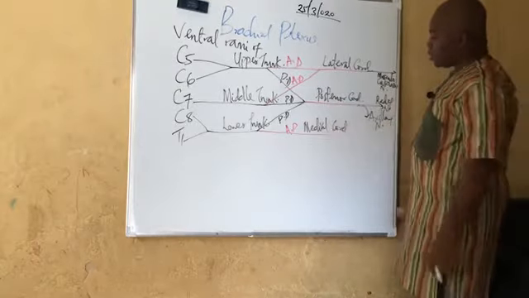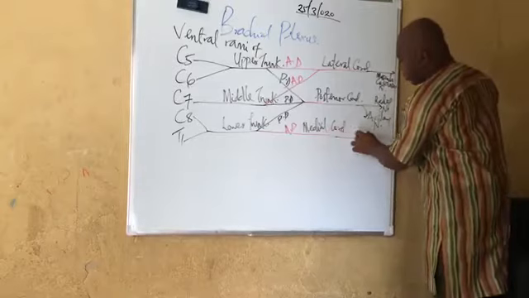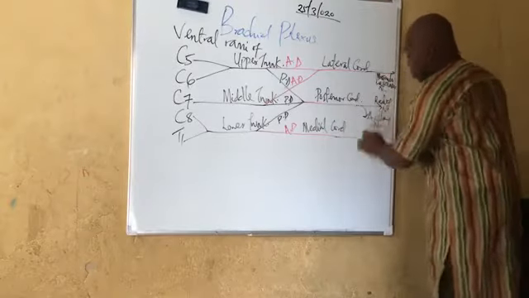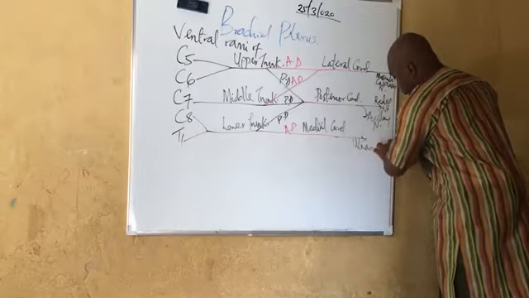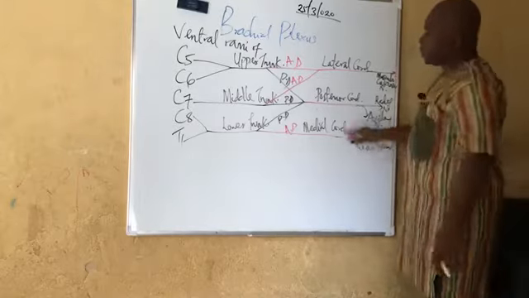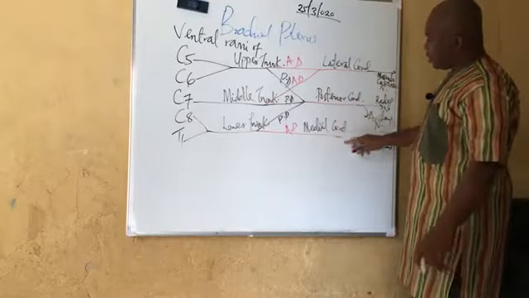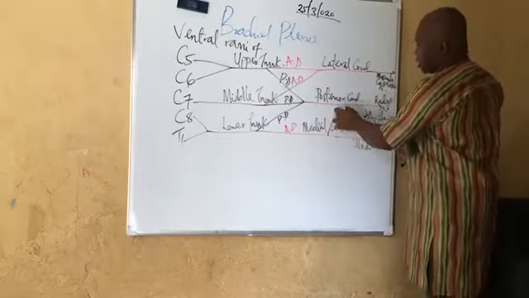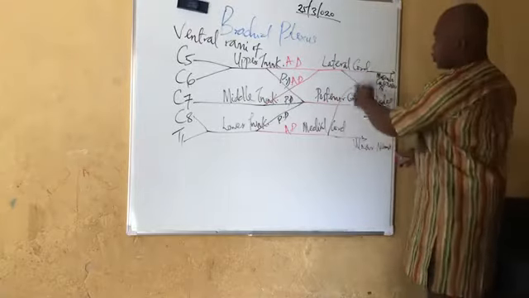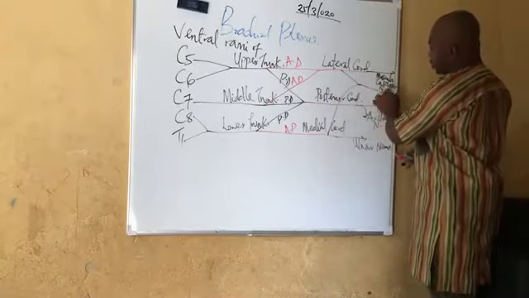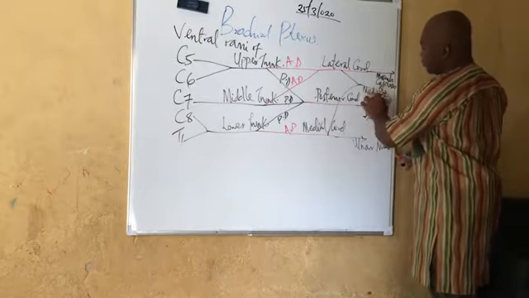The medial cord will give rise to the main terminal branch, the ulnar nerve. Then from the lateral cord and the medial cord, a branch comes out between the two of them. These two branches give rise to the median nerve.